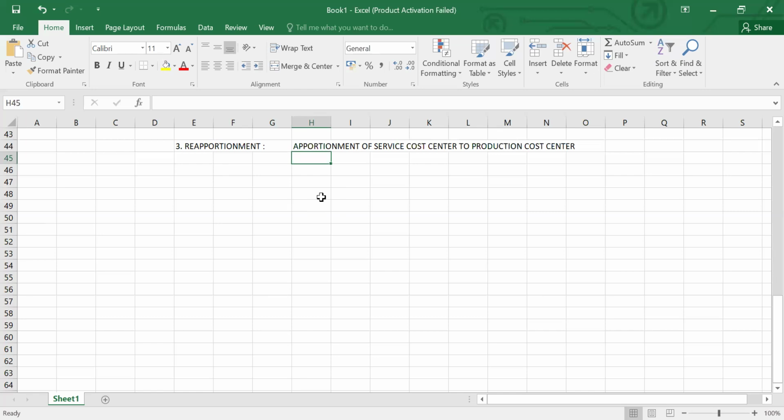So obviously, your production department is going to be your only production cost center. Service cost centers are those that are not directly linked with production, but they provide some support and some help to production cost centers to work properly.